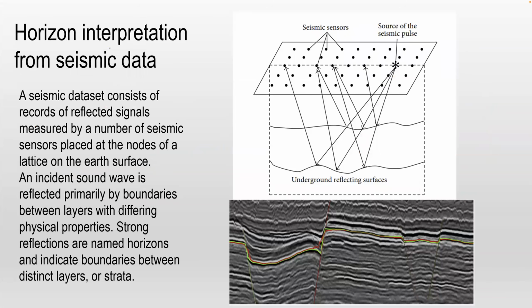Okay, so that also shows an interpretation from 2D or 3D seismic data. You have some sort of, for example, reflectors. Based on these reflectors, the geophysicists give you this horizon and you can import them into your software.